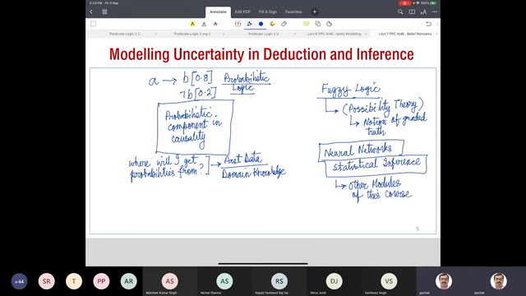Today, I shall very quickly go through this very interesting part of AI where you use causality and probabilistic reasoning, and that is called belief networks, belief or Bayesian networks. That is what I shall introduce to you today.